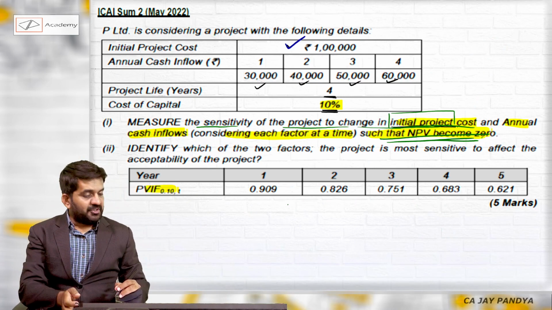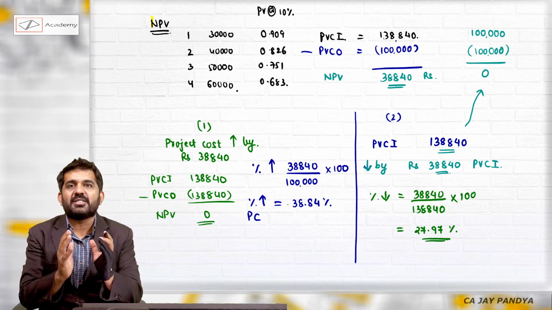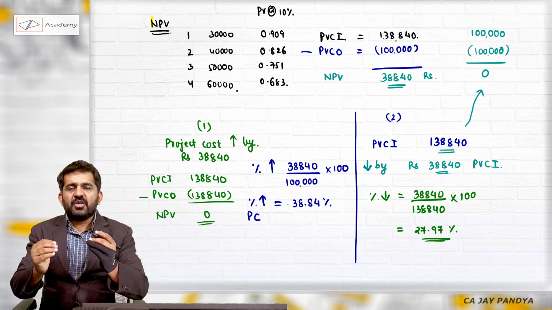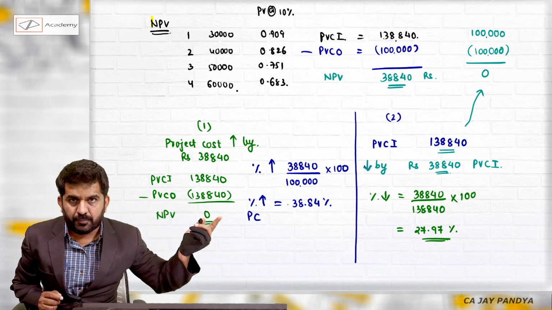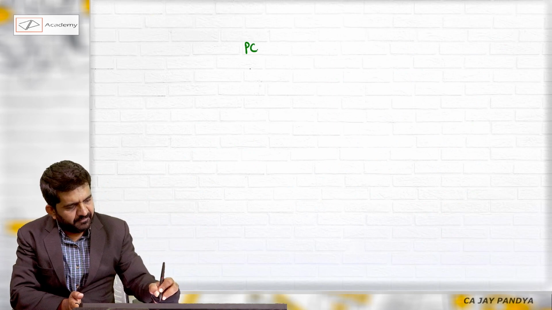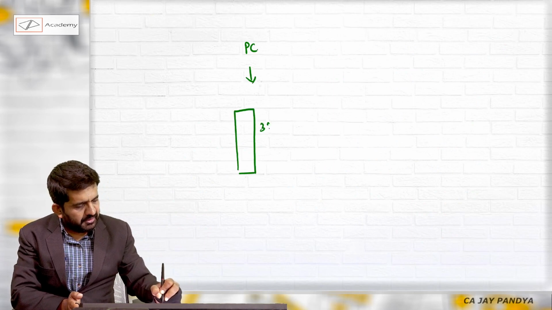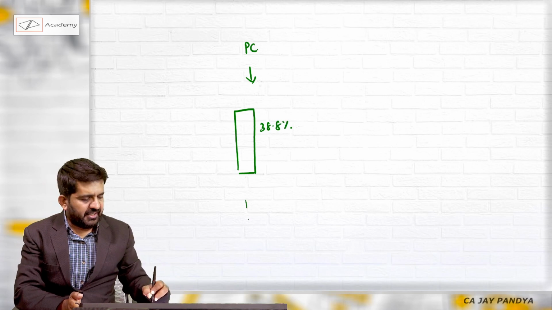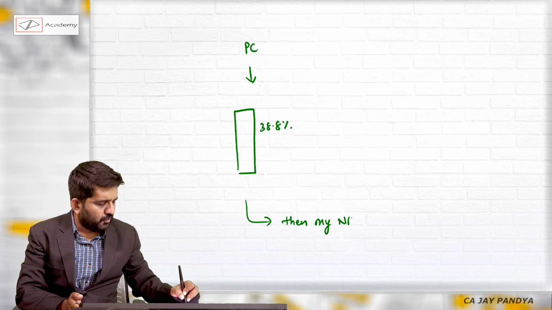And believe me, this percentage does not show sensitivity. Try to understand the concept. If the project cost increases by 38.84%, then my NPV will become 0.